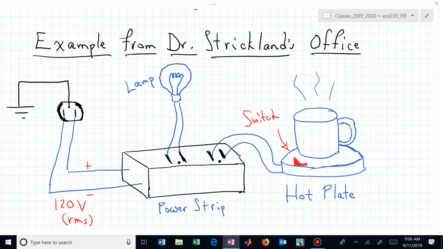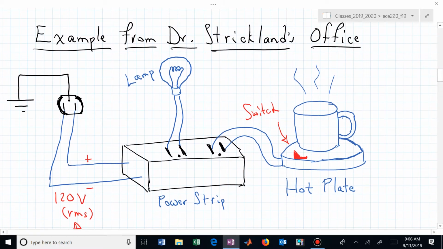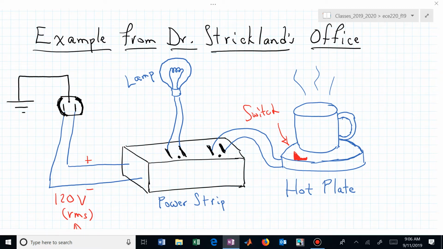I apologize for the lack of artistic ability, but I hope you can use your imagination. You can now envision a power strip with a lamp and a hot plate, and we can turn that switch on the hot plate on and off to change the load to the system. And this system we're dealing with, the power that we're supplying, is actually coming out of a wall socket, and that is not constant.